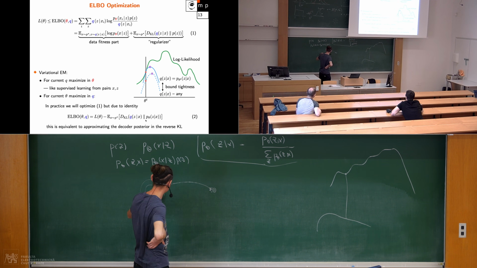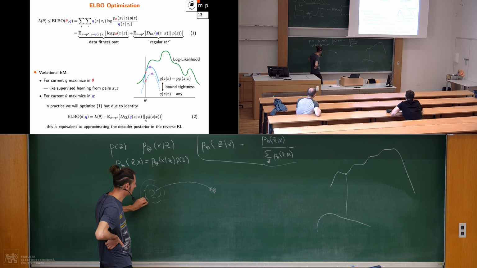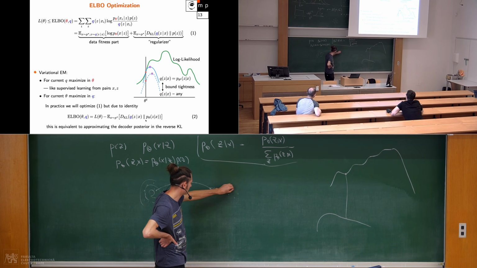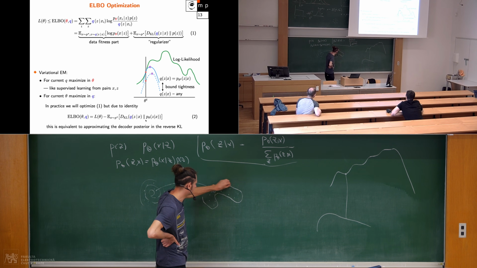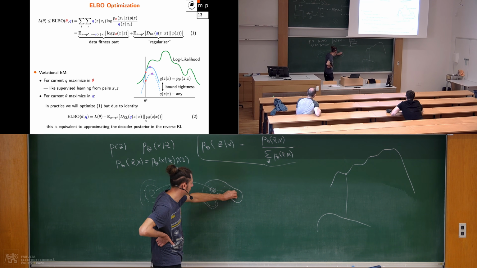And by sampling many points here, we sample many Gaussians here, and it defines some distribution, right? Not necessarily our data distribution, but it defines some distribution.